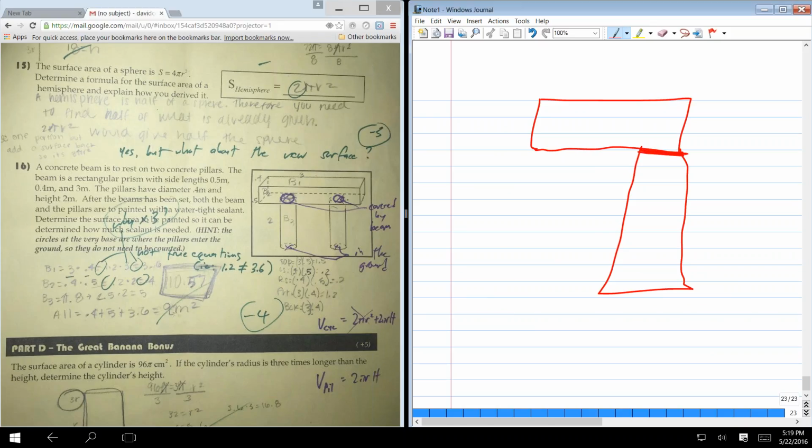That's not a surface area. That's inside. So I have to take that surface away. Almost always when you have multiple figures touching, one of the surfaces needs to be subtracted.